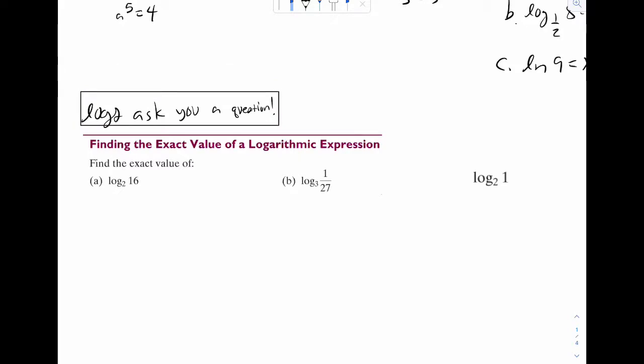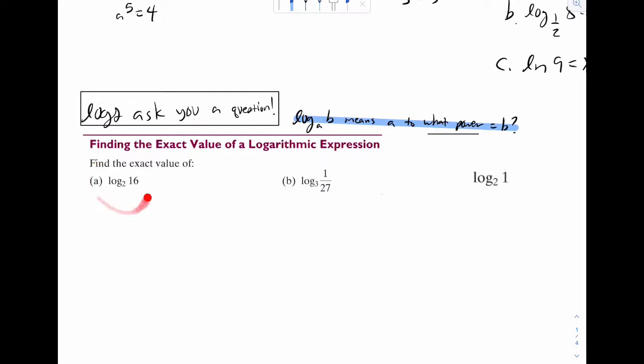Now the question logs ask you is this. Log base a of b means a to what power equals b. That is like the fundamental piece of understanding a log. So you really want to highlight that.